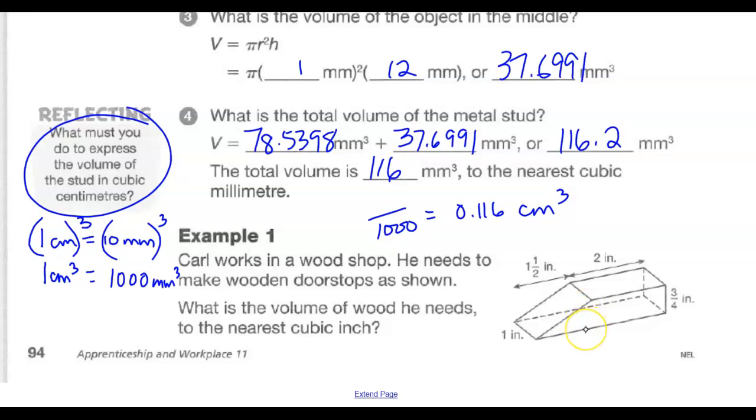You could cut it into parts, or you can think about what a prism is. A prism has two parallel polygons with rectangles that join them. So really, if I look at this front part here, this is a trapezoid. And it's the same trapezoid as on the back side of it.